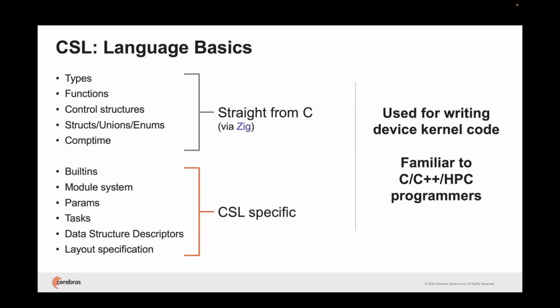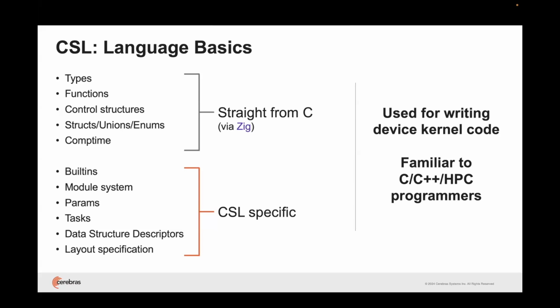There's a whole lot of features in our language that are all of your standard expected imperative procedural language features that are essentially straight from C via a language called Zig. So it is a C-like language for programming the individual processing elements, but with some of the niceness of Zig, which has some nice type-safe features.